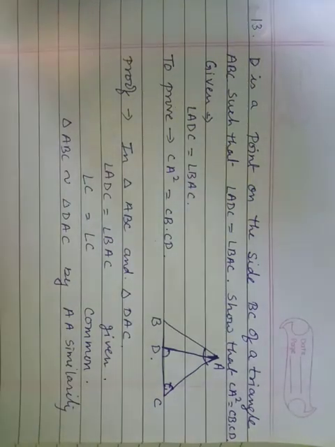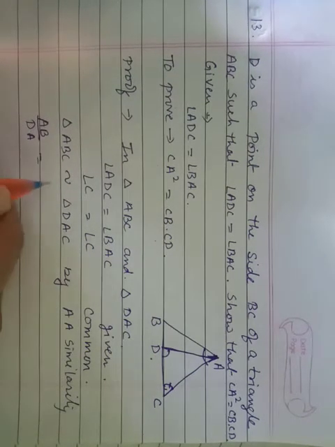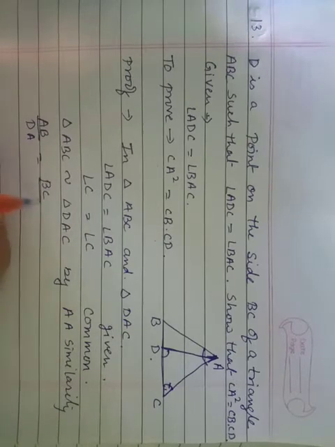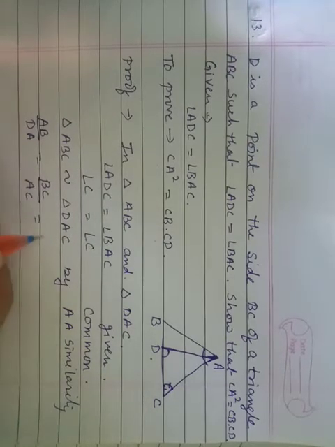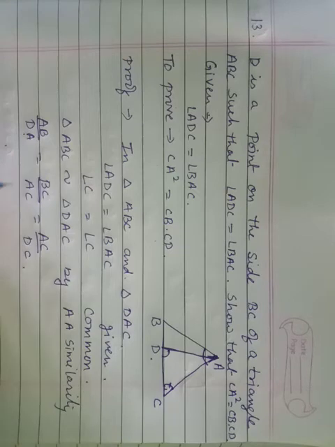Okay, so from this we can say that AB by DA is equals to BC by AC is equals to AC by DC. Okay, so from here we take the last two ratios.